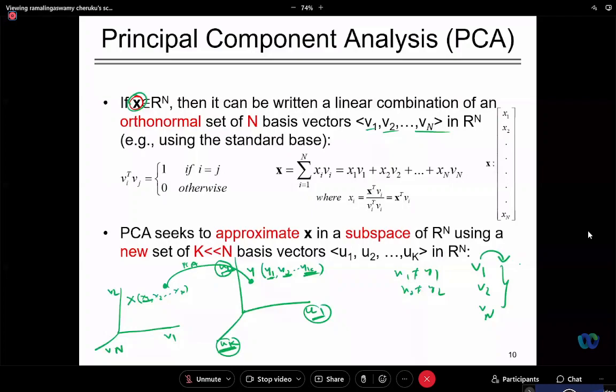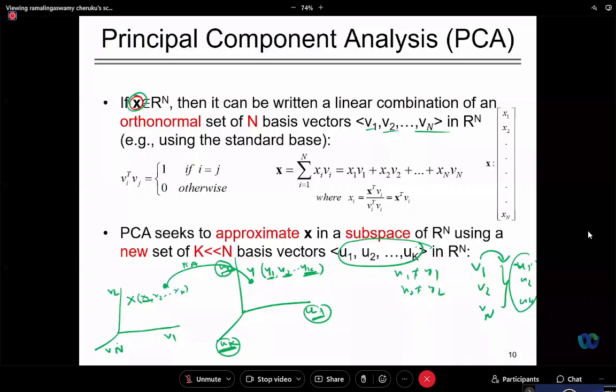The basis vectors, the axes, are changing. The basis axes themselves are changing. v1 we are transforming to u1. So when v1, v2 and vn are transforming to the new basis vectors u1, u2, uk, then y1, y2 will change.